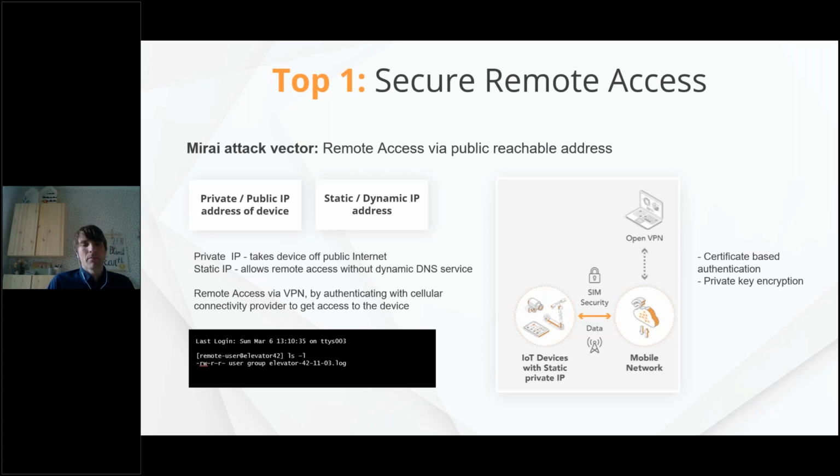With static private IP addresses, you can log in from your laptop over, for example, OpenVPN to the device directly, authenticating with the cellular connectivity provider's VPN gateway. This is more secure because the authentication of the server and the device is done by certificates, and there's also private key encryption.